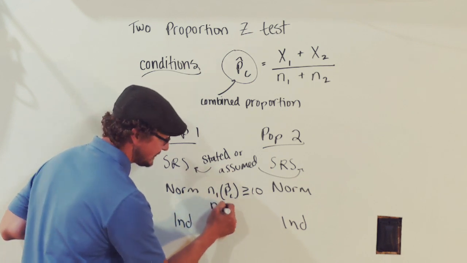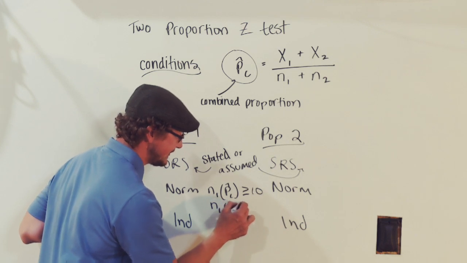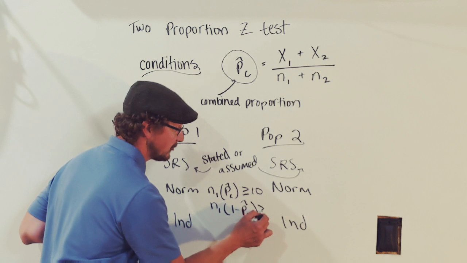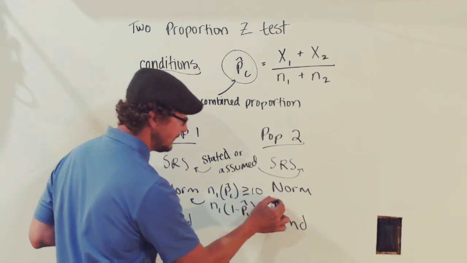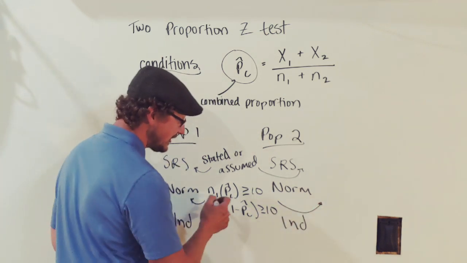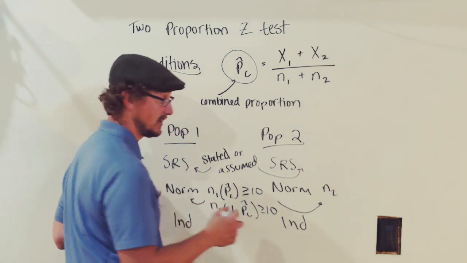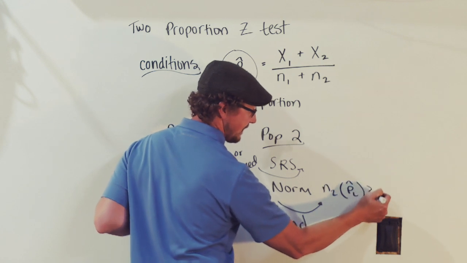Sample size of 1 times the complement, that's 1 minus the combined proportion, also has to be greater or equal to 10. And that has to work for population 1 and population 2. But in population 2, we're using the sample size of population 2. So it looks like this.